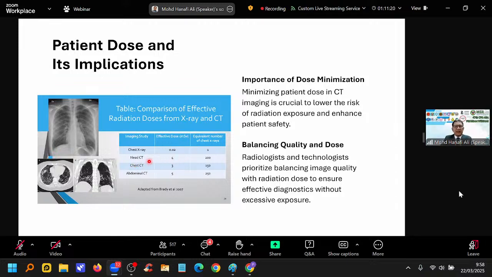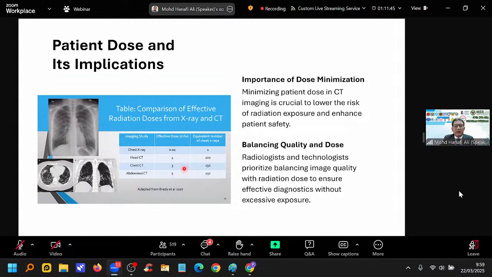Then, for example, we consider chest X-ray about 0.02 as one, relatively, and head CT about 4 millisievert, or about 200 chest X-rays.